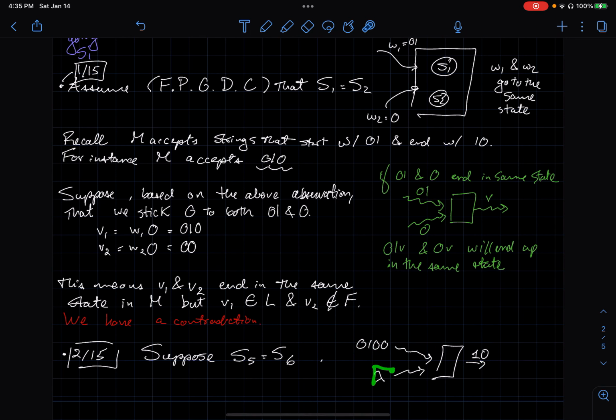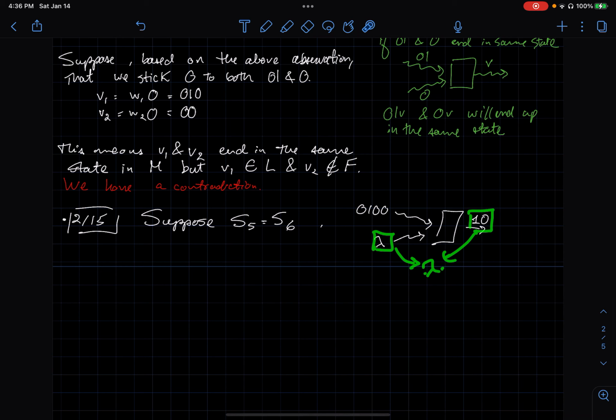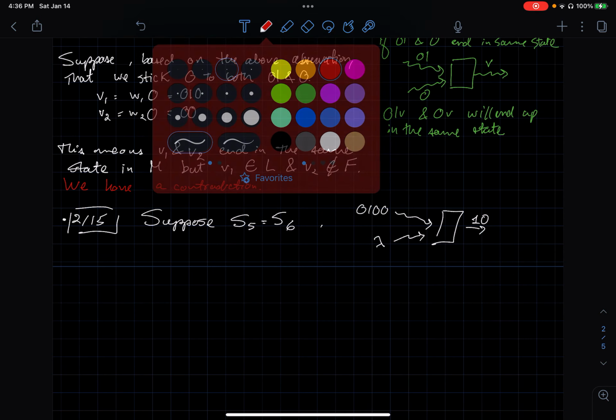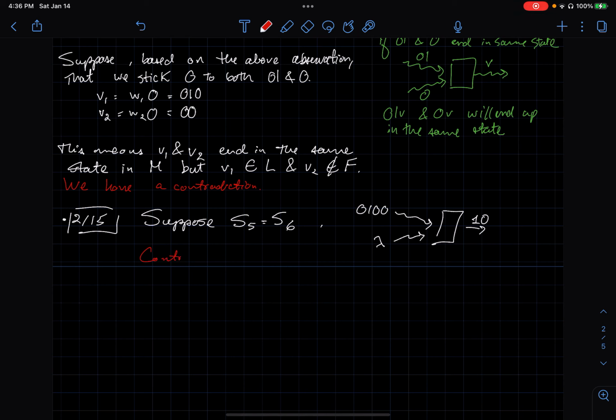However, lambda concatenated with 1, 0, that'll be 1, 0. And this is not in L, right? And so 1, 0 should end up in a non-accept state. And so again, we have a contradiction.